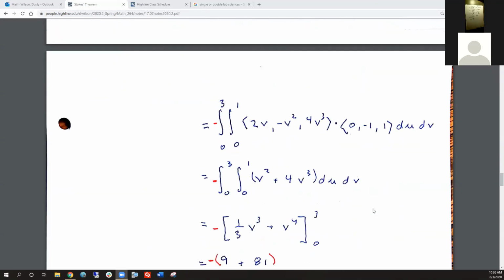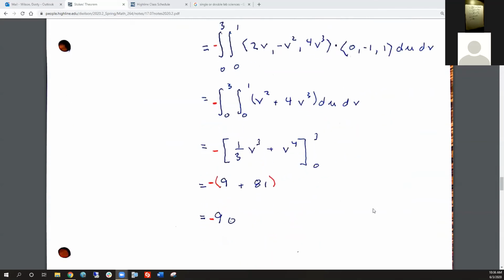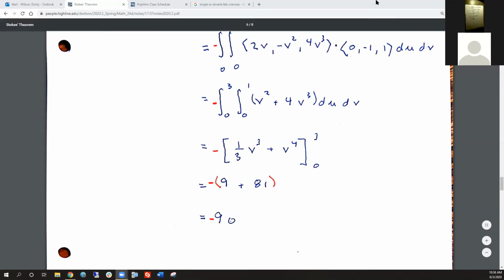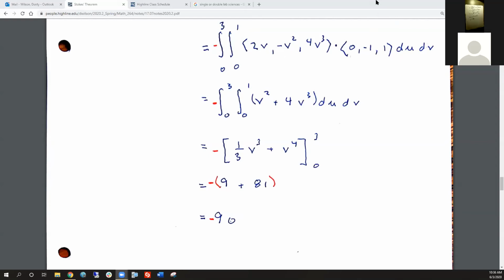Very good. Question? Will we have been able to use Stokes' theorem on, say, the previous assessments? I'm trying to think of where it would have applied. I think the place where it would have applied would have been if you'd had a space curve in 3D.